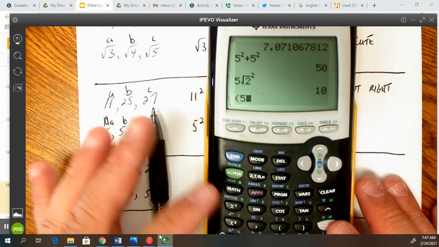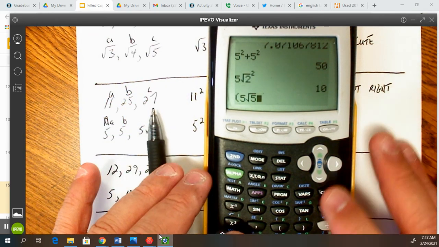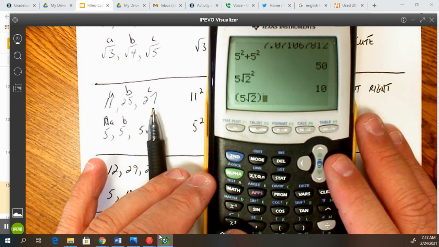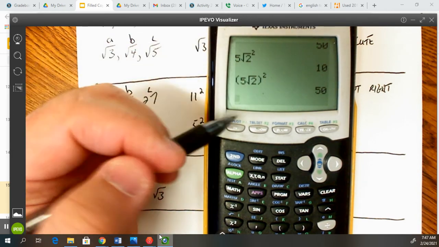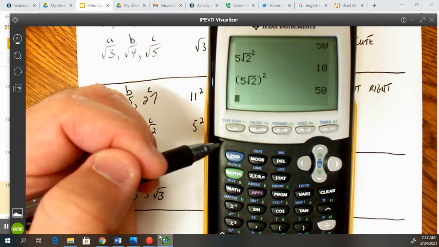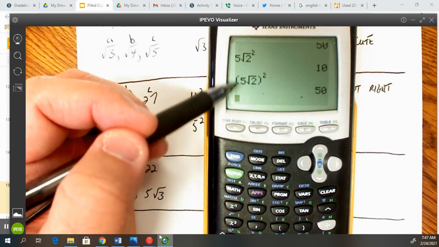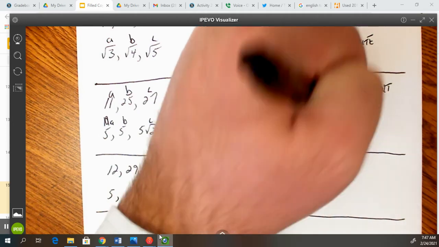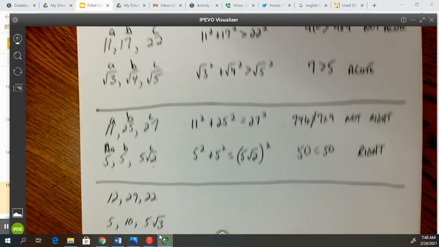But if I do it in parentheses, it's squaring the whole thing. And see a difference? Big difference. This is the answer that we're looking for. So you have to put it in parentheses. So does 50 equal 50? Yes. This is right. Right triangle.